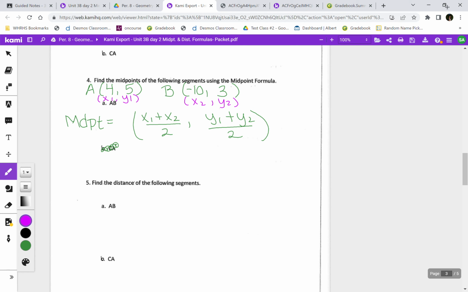All right, now we're going to plug into the midpoint formula. So it's saying take my x's and add them together. So that's going to be 4 plus a -10, and then we divide that by 2. Then it says take your y's and add them together. So this is going to be 5 plus 3 divided by 2.